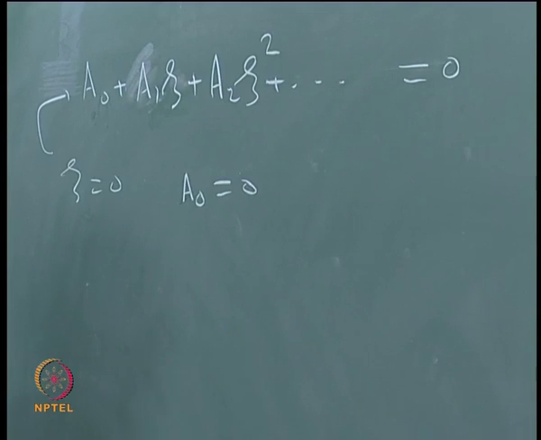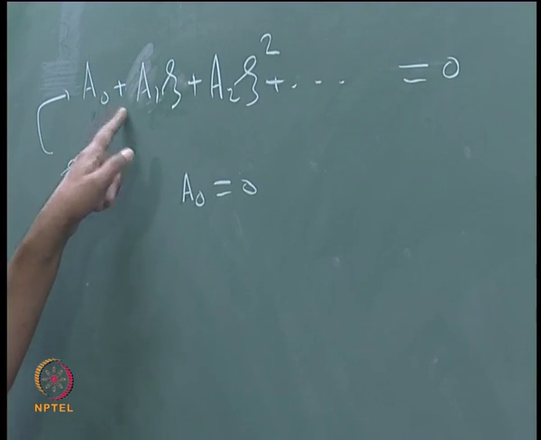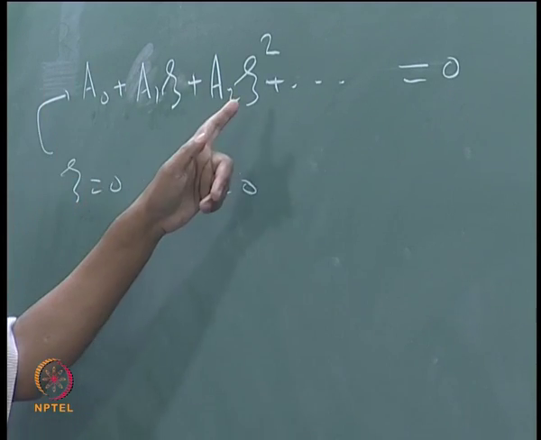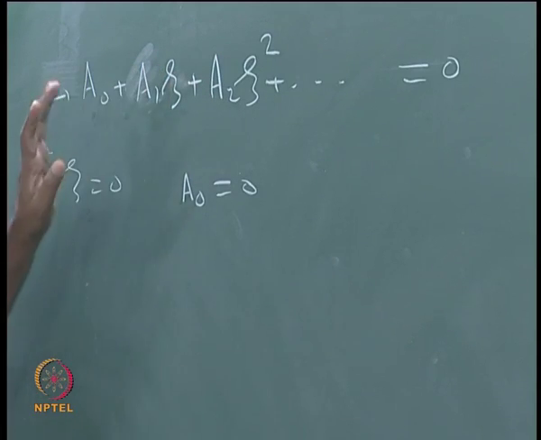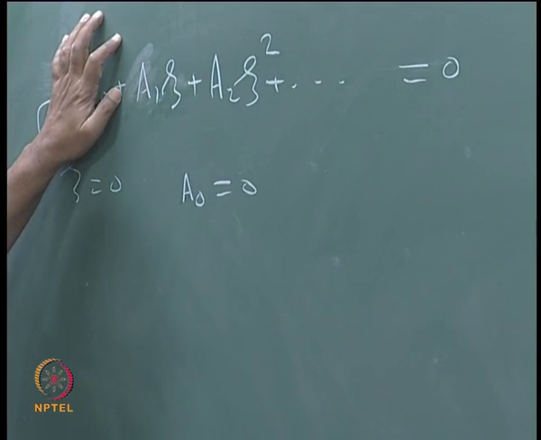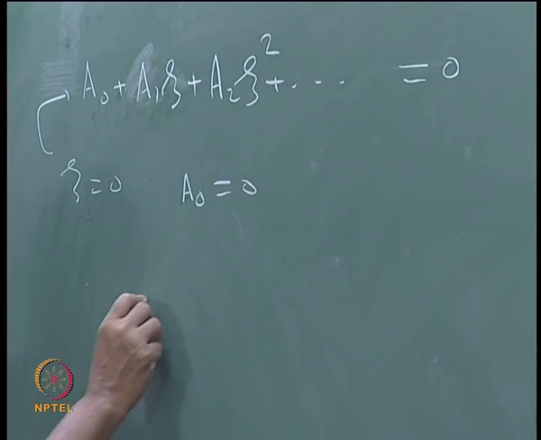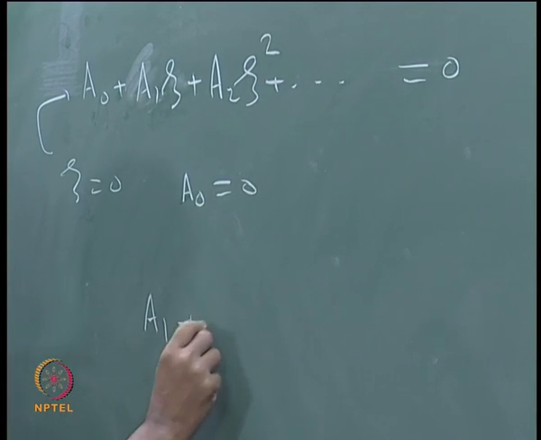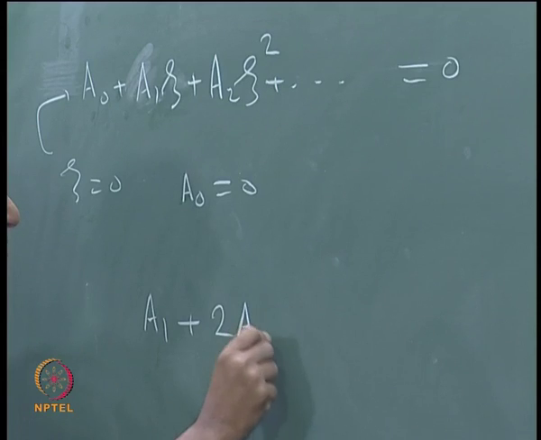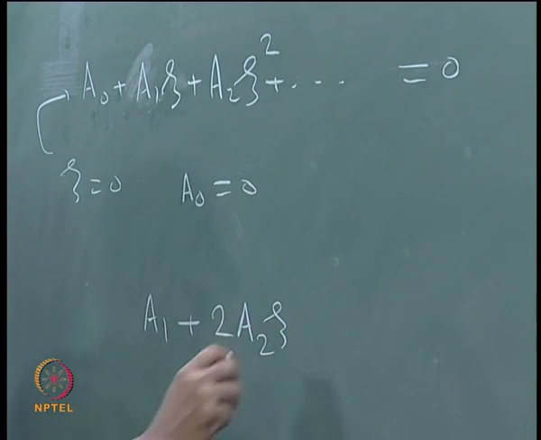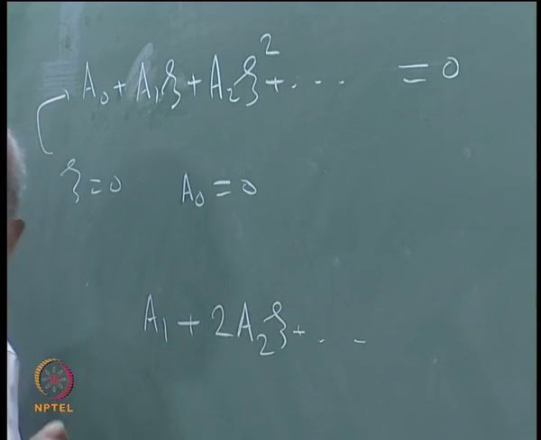Then you differentiate this with respect to c, because this is valid for all values of c. If you differentiate, the first term will go, the next term will be a1, then 2 a2 c plus etcetera, and you put c equal to 0.